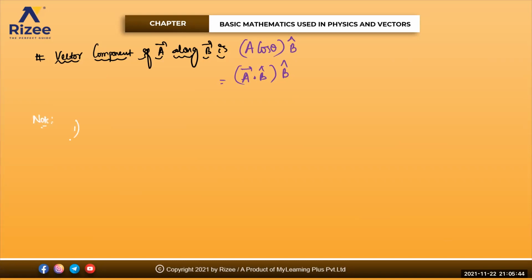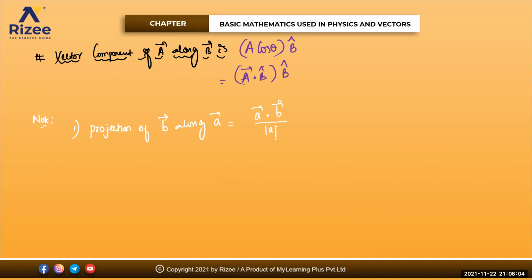Number one. Whenever I use the word projection of b bar along a bar, I mean to say it is a bar dot b bar divided by mod of a.